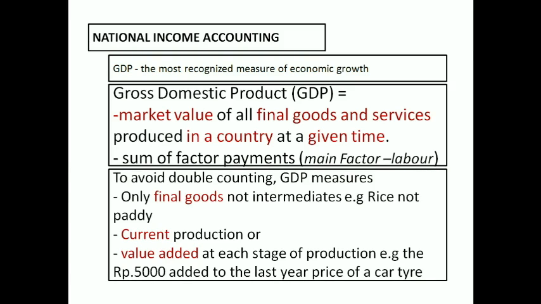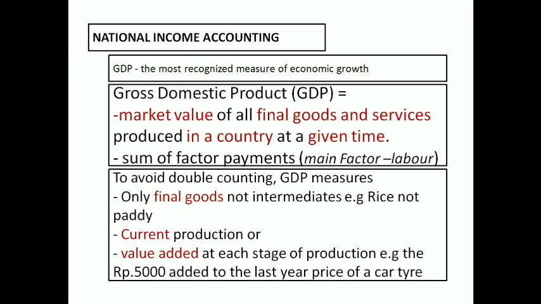GDP is the market value of all final goods and services produced in a country at a given period of time. We can also see it as the sum of factor payments, of which labor is the major factor of production.